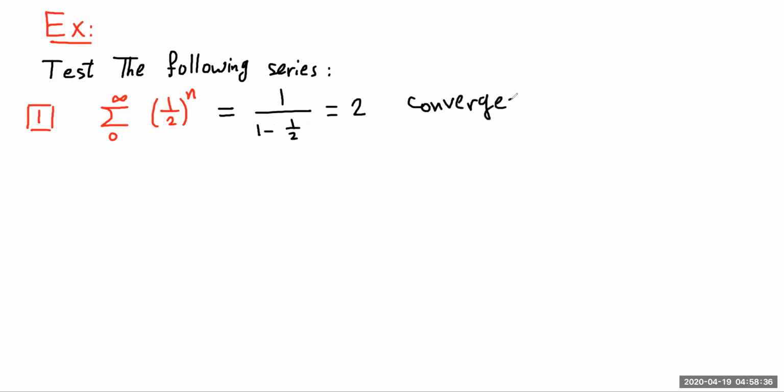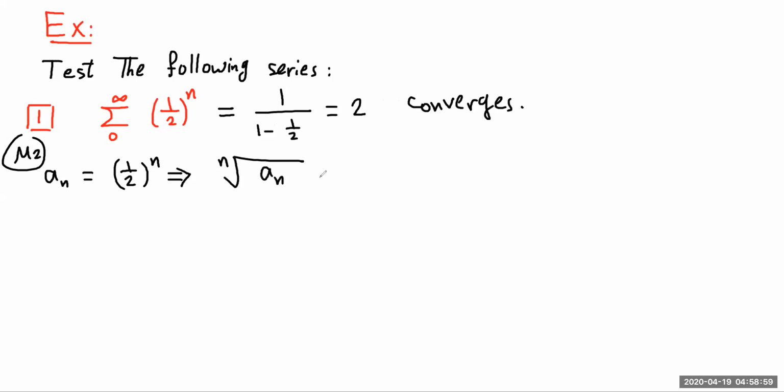But let's try to justify this using our method of root test. This is method 1, now method 2. Let's suppose a_n is a half power n. Then what is the nth root of a_n? It's a half.